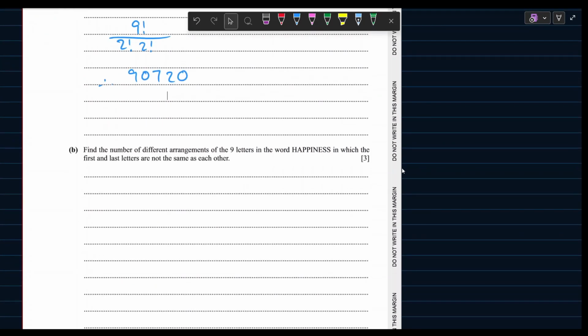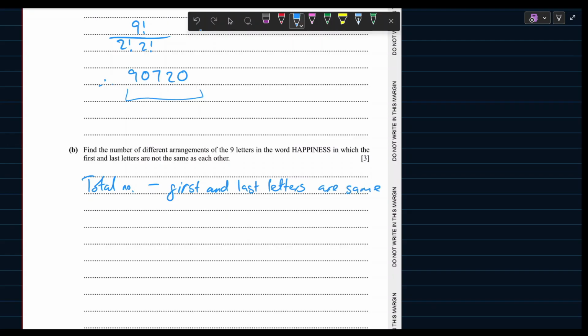Part B. Find the number of different arrangements of the 9 letters in the word happiness in which the first and last letters are not the same as each other. So we could think of this as just the total number of arrangements, which is what we got in part A, minus the arrangements in which the first and last letters are the same.